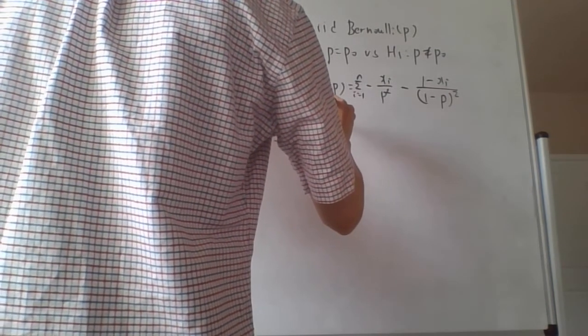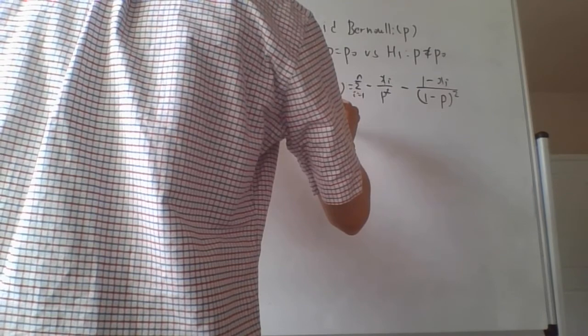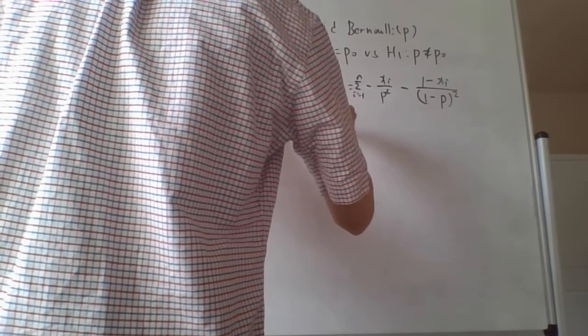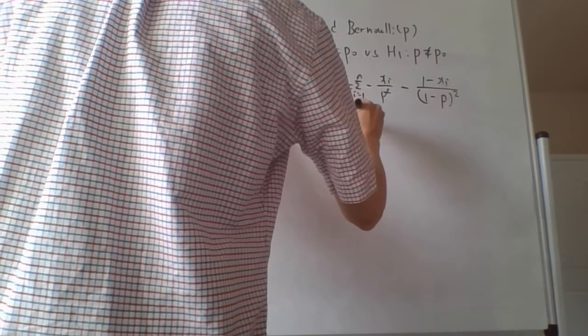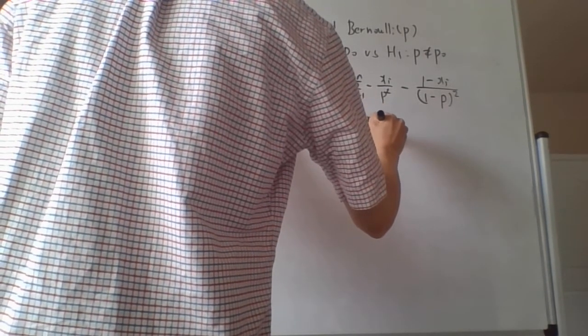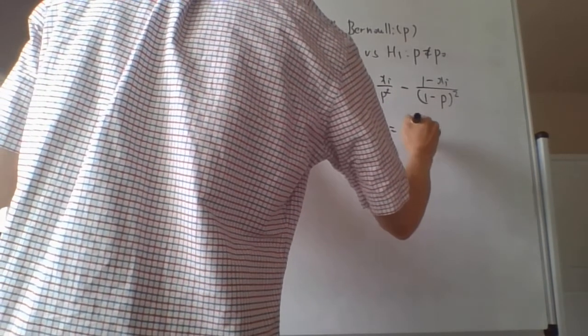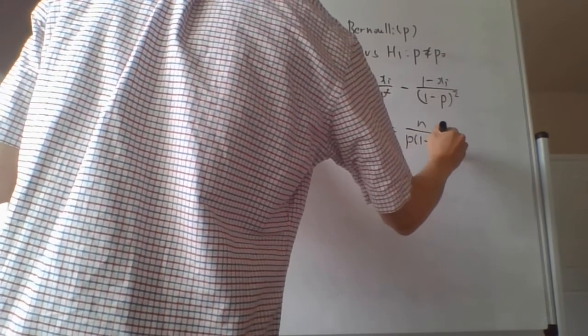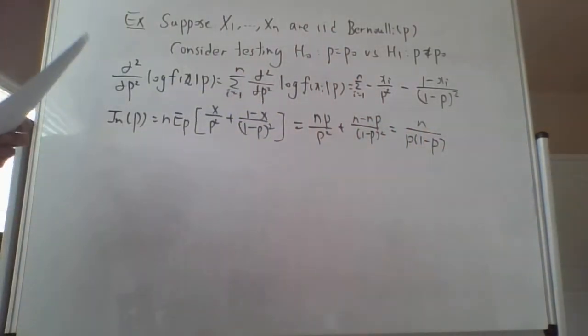By calculation you have n divided by p times 1 minus p.